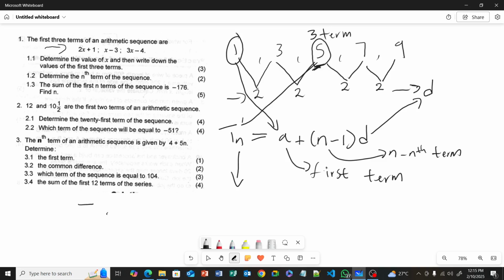Then third, number 3 here for the third term will be n, 1 will be A, D will be this difference, which is 2. Okay? Now let us speak in the language of the arithmetic sequence that we are given on the board.